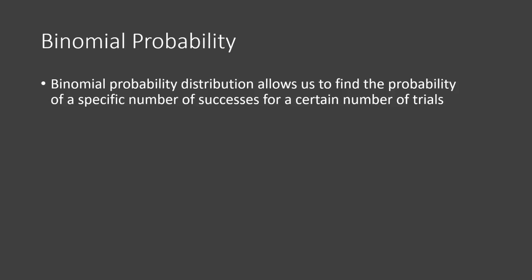Those are your number of trials. Your specific number of successes is how many sales you are going to close. So a binomial probability distribution would help you find the probability that you make 10 sales out of those 25 customers.